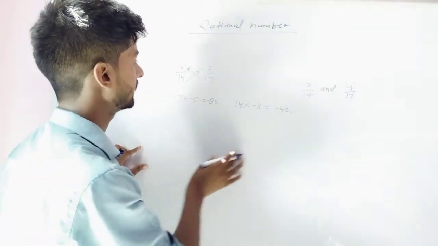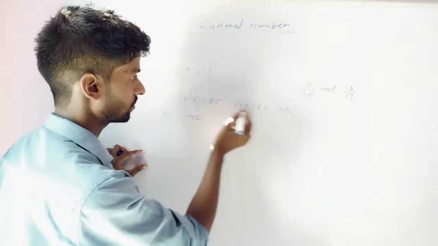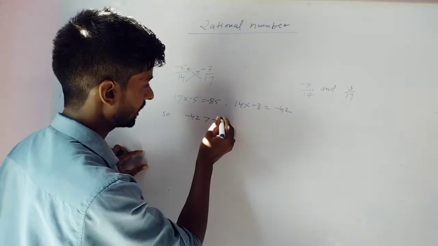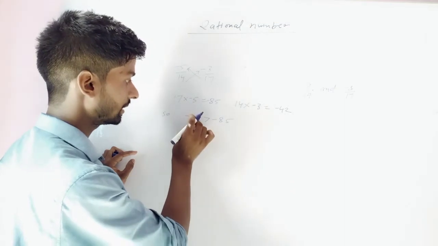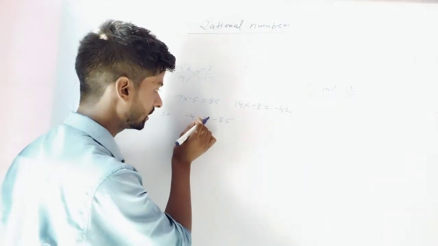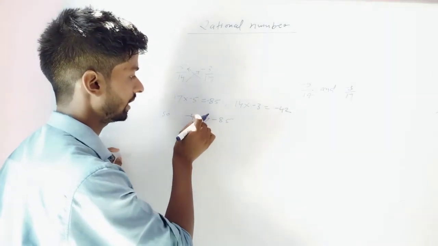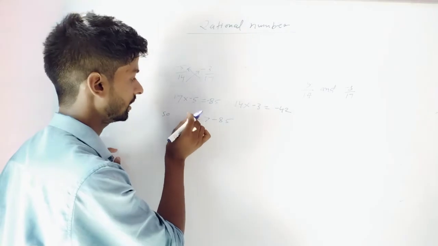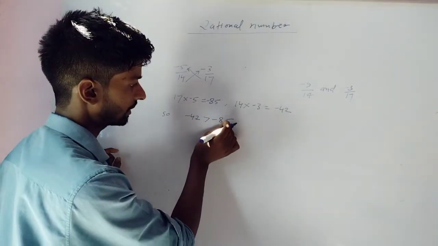So the conclusion is that -42 is greater than -85, because when a number is written with a negative sign, the number which is smaller in magnitude will be greater.